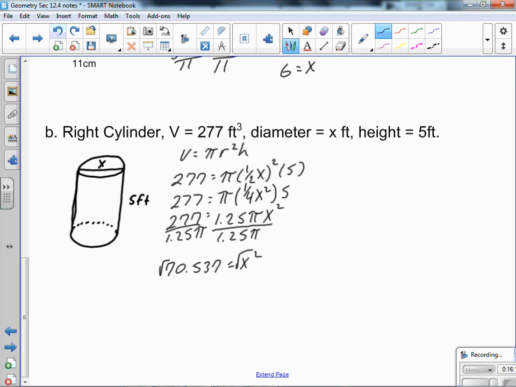Take the square root of both sides. And the square root of 70.537 is going to give us approximately 8.40 feet for x. The little squiggly lines there mean approximately, because that is a rounded answer. So that completes the notes for volumes of prisms and cylinders.